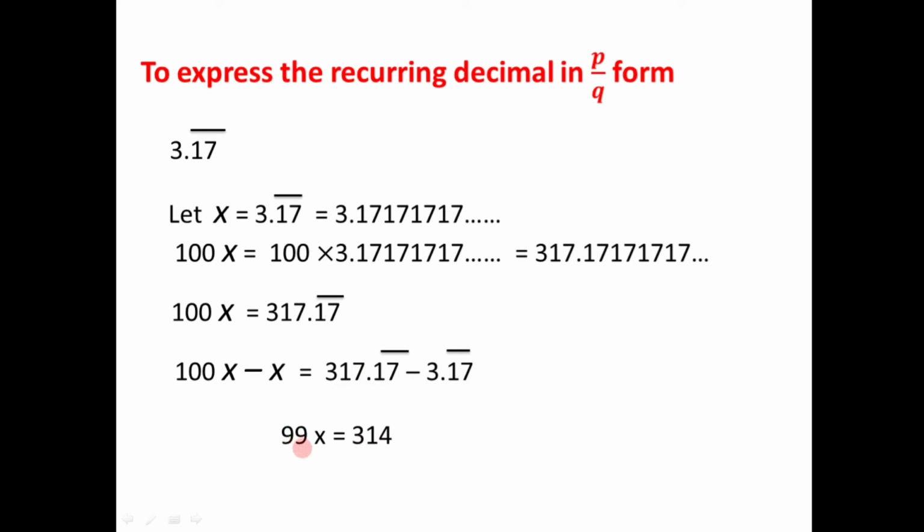Now if you take 99 to the right hand side, it will be in the denominator so as to get x is equal to 314 divided by 99, and we have assumed here x is equal to 3.17 recurring. So we have 3.17 recurring is equal to 314 divided by 99. This is how we can express 3.17 recurring in the form p divided by q.